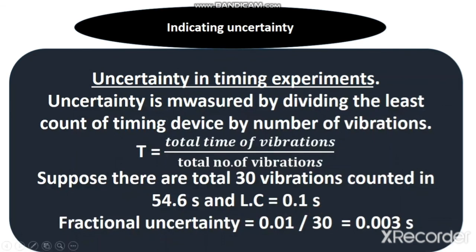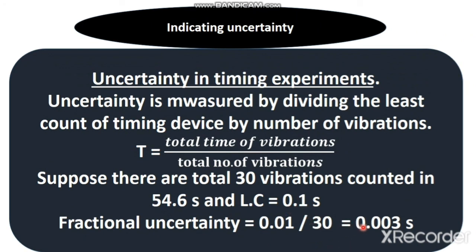Suppose the fractional uncertainty is calculated as 0.01, that is the least count divided by the number of vibrations, the measured value, it is 0.003 second. Least count will be equal to 0.01, not 0.1 but 0.01.